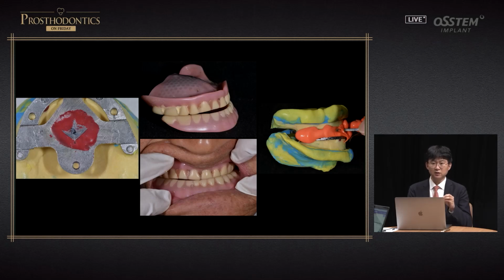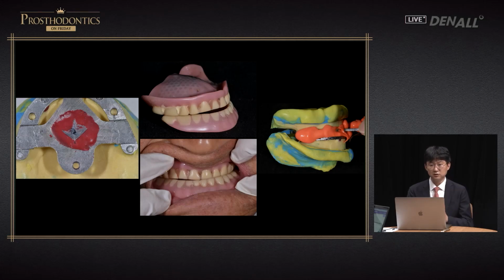So we need to fabricate the denture based on these tapping points, and we need to make a decision. We can make a denture considering remounting of a denture later after the occlusion is changed, which needs to be explained to patients. Or we can fabricate a temporary denture and wait for the changes in the mandible.